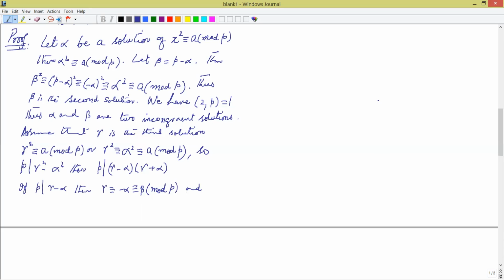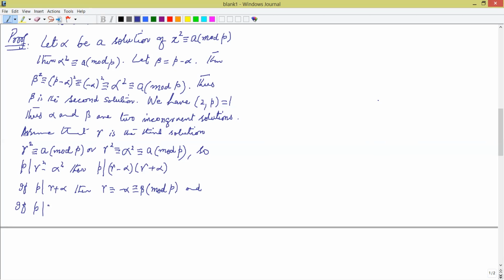And if P divides gamma plus alpha, then gamma is congruent to minus alpha, which is congruent to beta modulo P, because beta is P minus alpha, and P minus alpha in modulo P is minus alpha.